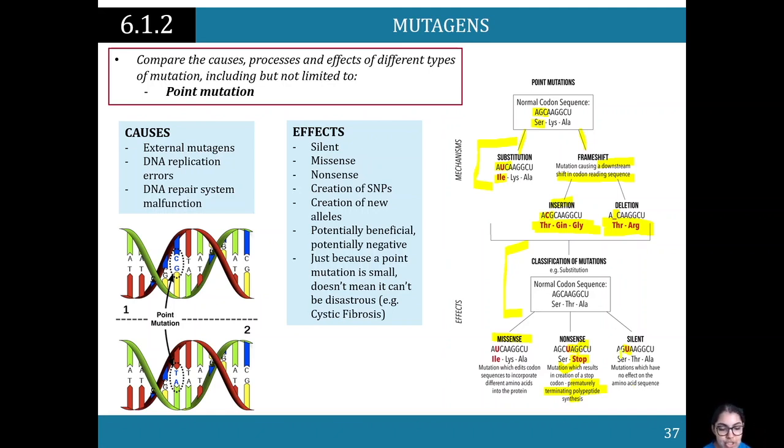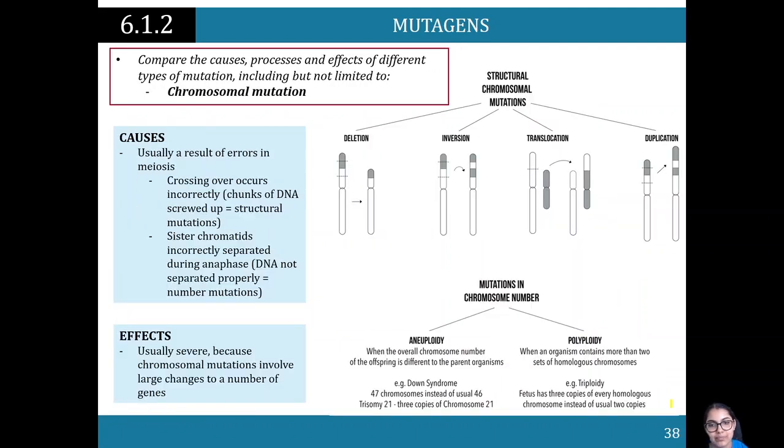So AGU also leads to the amino acid SER, I don't know the full form of SER, and so does AGC. So a couple of anticodon combinations will lead to the same amino acid being formed, and as a result, luckily, there is no effect on the amino acid sequence.